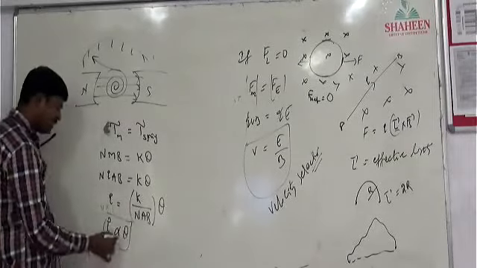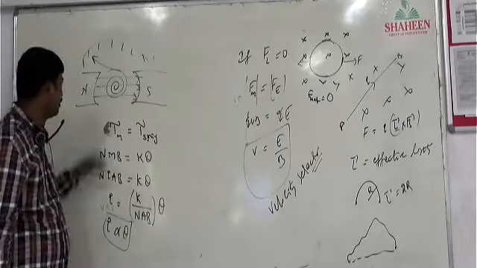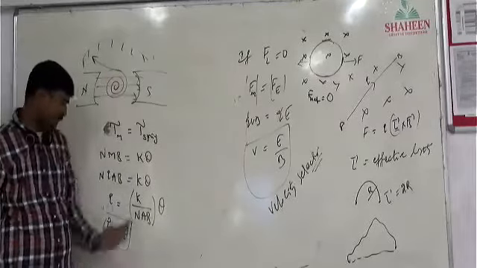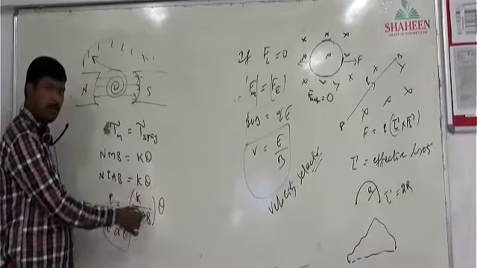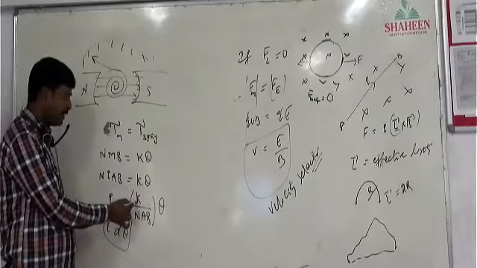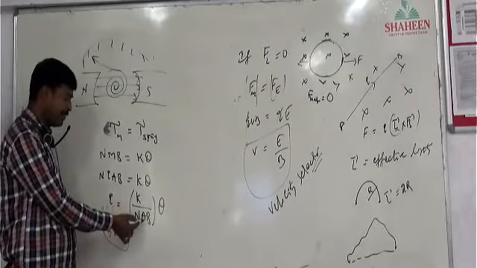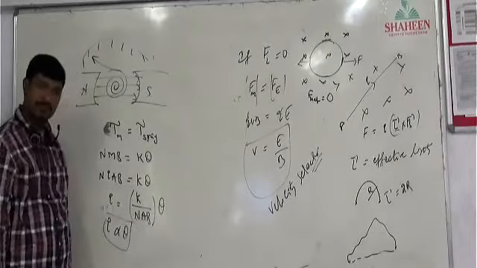So I is directly proportional to theta. The current measured is directly proportional to the angle of deflection. How much angle is deflected, that much current is flowing. And this K by NAB is the galvanometer constant. The galvanometer constant depends upon the spring constant, number of turns, area of the coil and magnetic field. Correct?